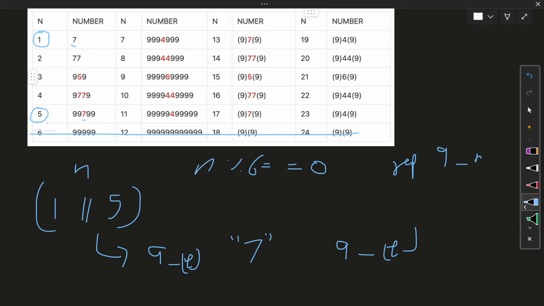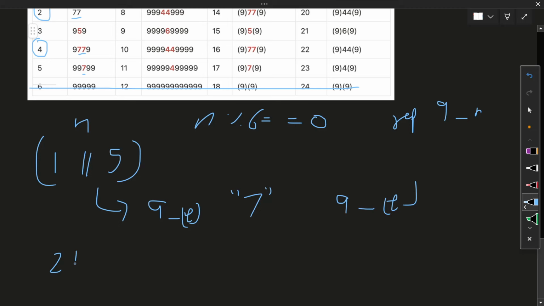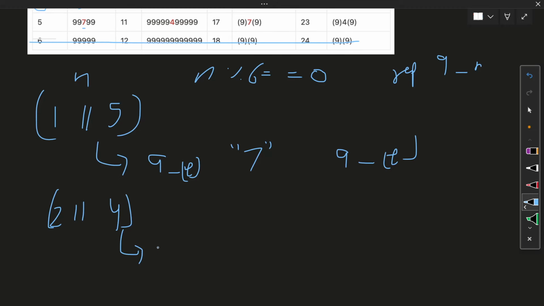If the remainder is 1 or 5, we have to fill 7. If the remainder is 2 or 4, we have to fill 77 in between and repeat 9 some number of times.